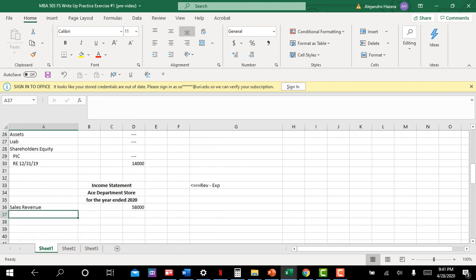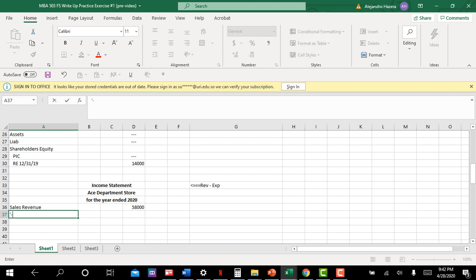It's 58,000. Now here is what any big company should do, and most of them do. I recently saw one that didn't on their income statement, but it's no big deal. I wonder which company that is.